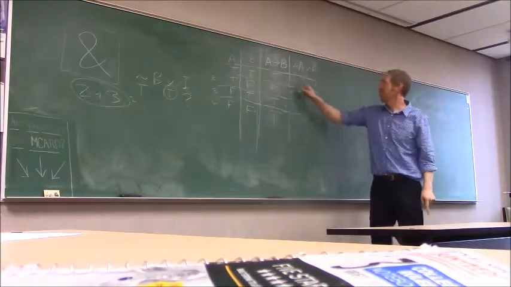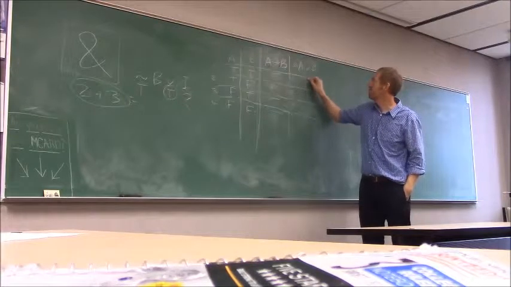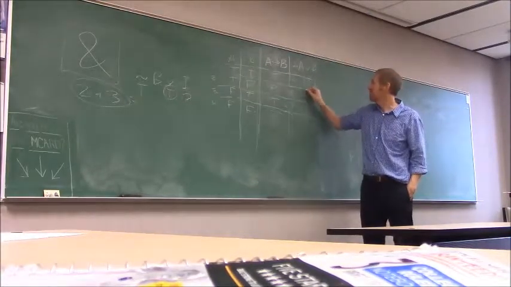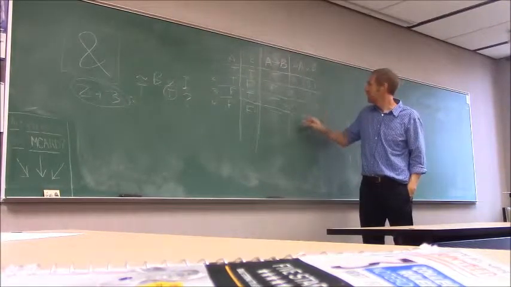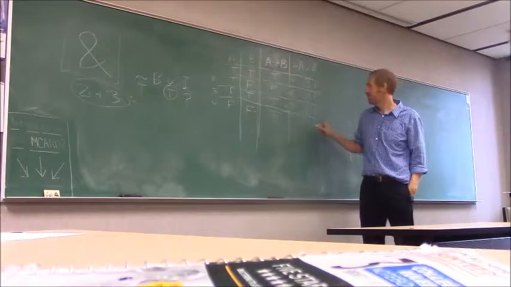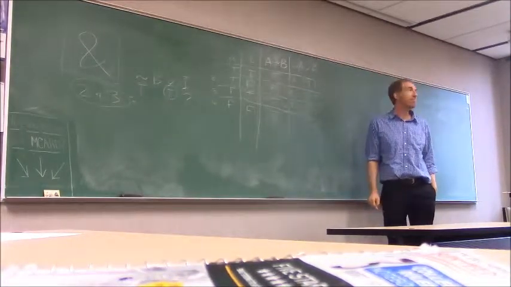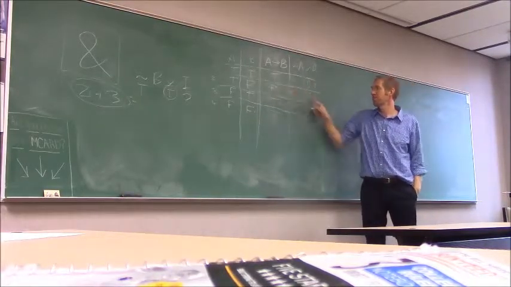So, false or true is true. False or false is false. True or true is true. True or false is true. Are they logically equivalent? Yes. Every time this is true, this is true. Every time this is false, this is false.